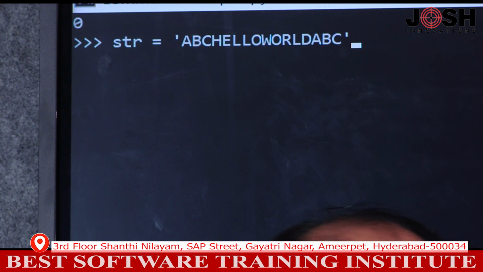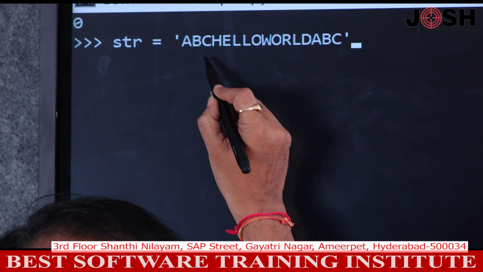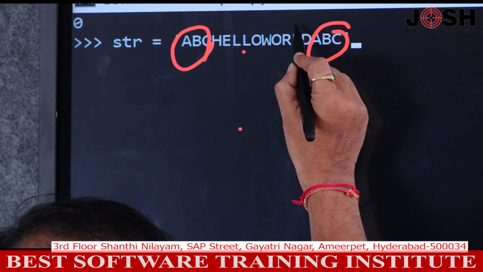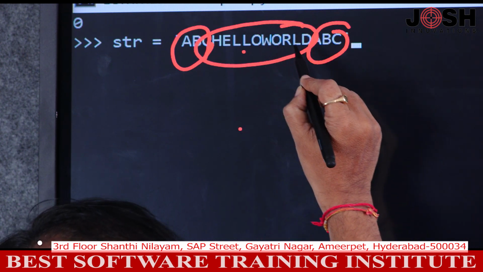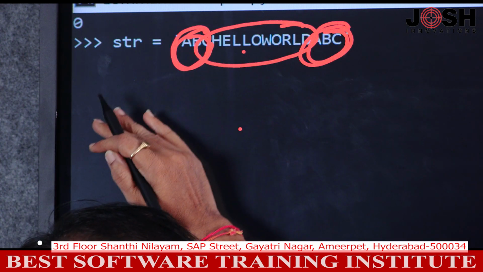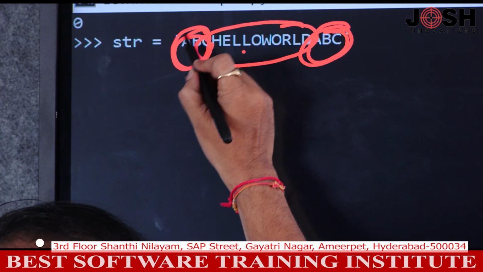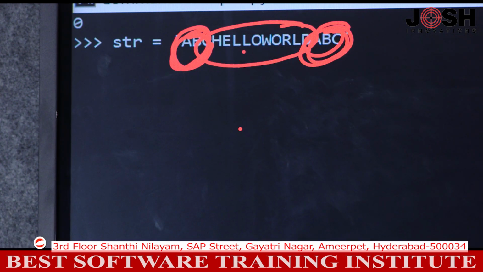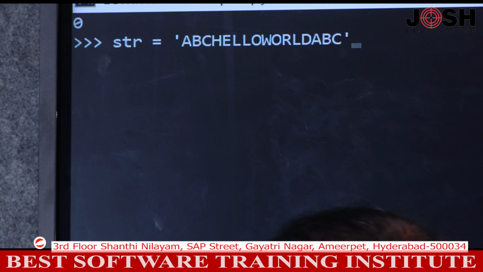This hello world has ABC in front and in the back, but I want only this string in my output. This ABC I want to remove on the left hand side and the right hand side. This is called leading characters, this is called trailing characters. I want to remove this ABC.